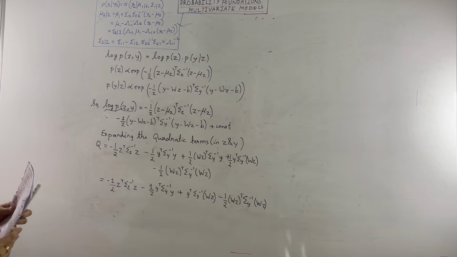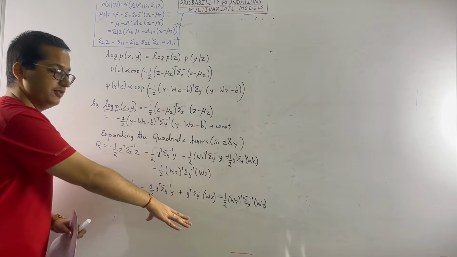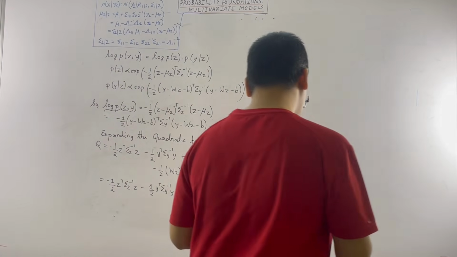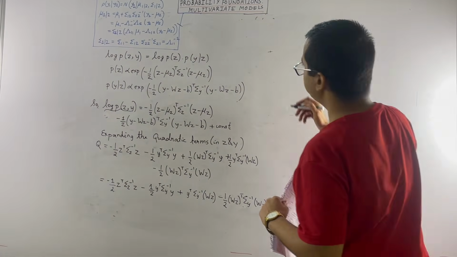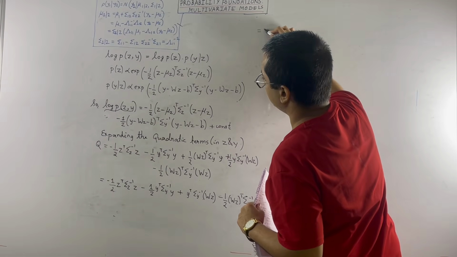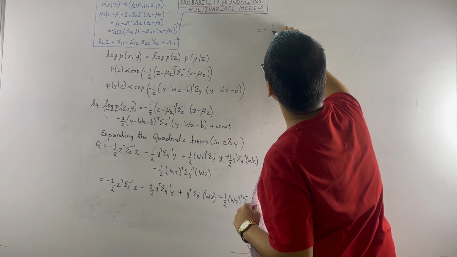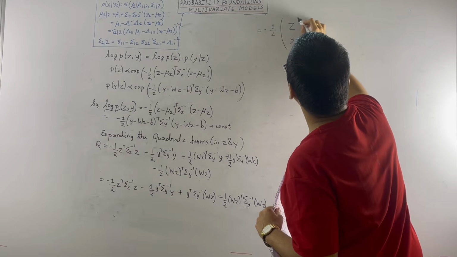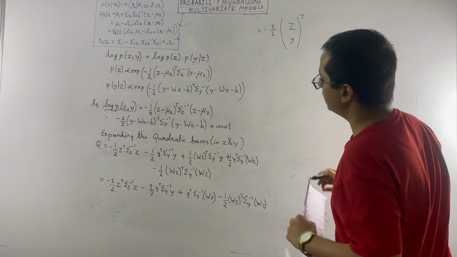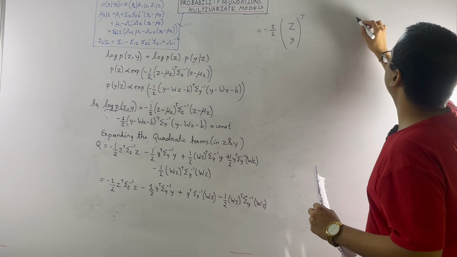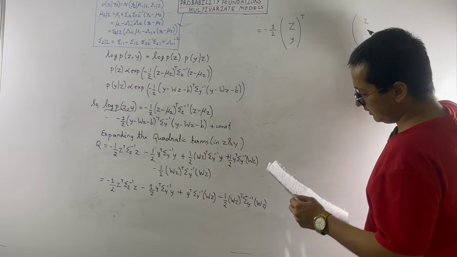Now the thing is that we need to write it a bit more beautifully, right? Because this is a very long term. So in the next line you see how I can write it very beautifully. This thing can be written like this. We have a minus half, I take outside, [z y] transpose, right? So first you have z transpose Sigma inverse z.